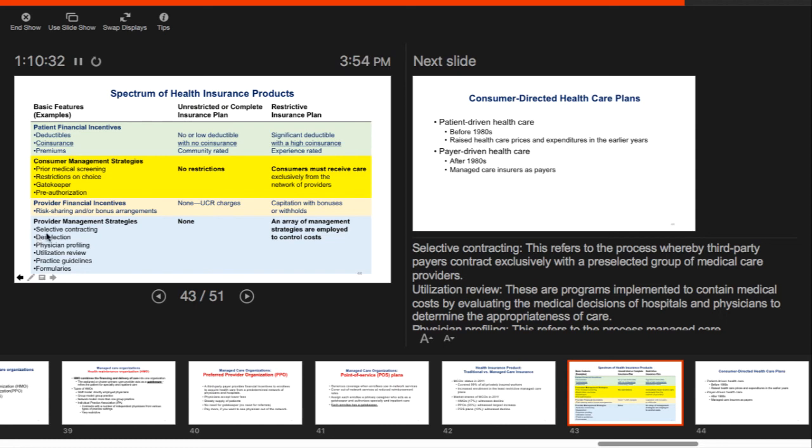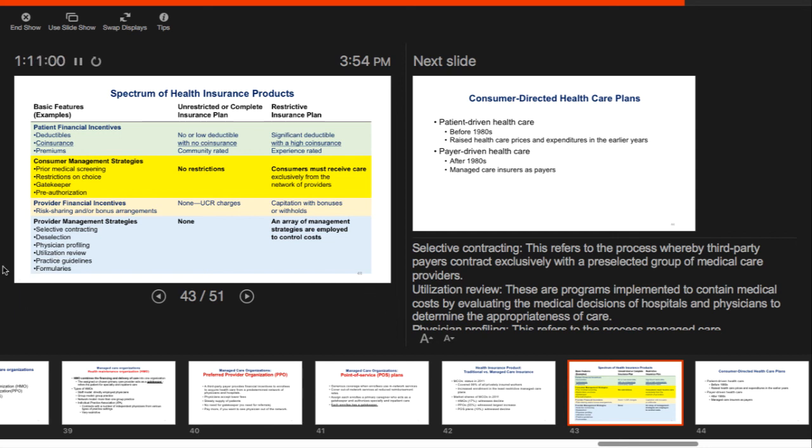The fourth basic feature is providers' management strategies. Previously, before the 1980s, there were no restrictions on whatever physicians wanted to prescribe, or any procedures or treatment for the patients.